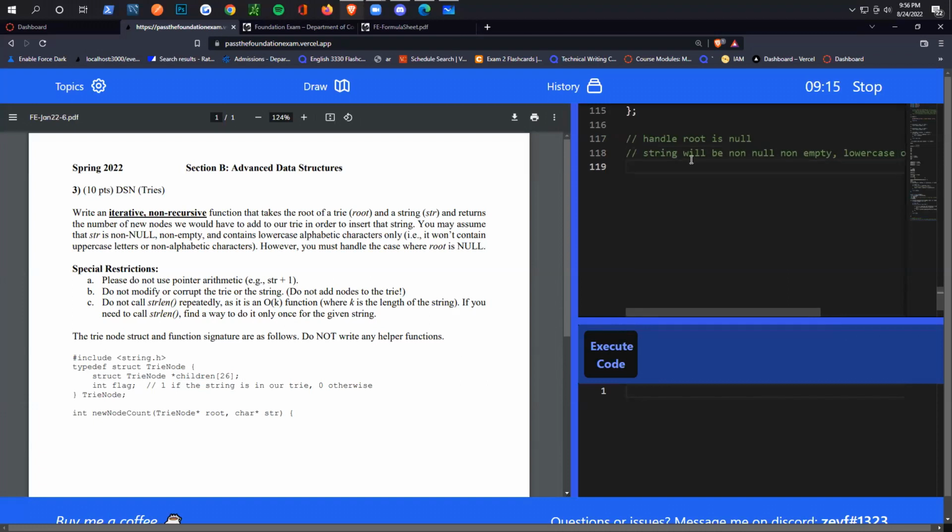No pointer arithmetic. Don't change the trie or string. And don't call string length repeatedly. You can do it once in your whole function.